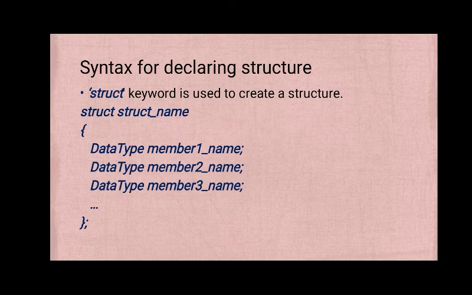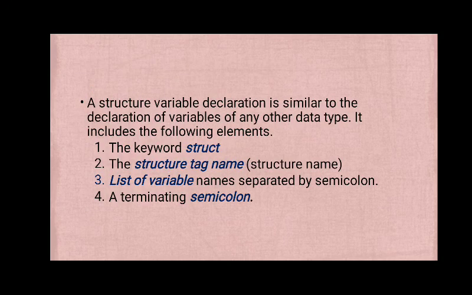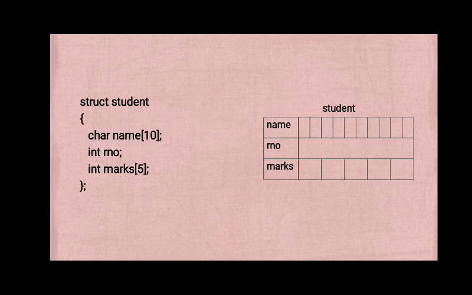After that, you have to give a flower bracket, and then specify what all data you have to store in it. For example, in a student, you require the name of the student, then maybe the roll number, then the marks. All these data can be written separately.